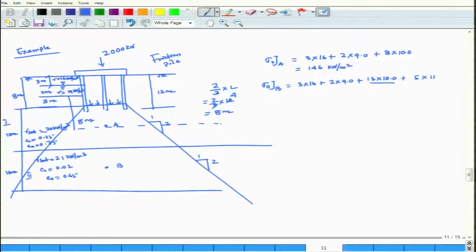It comes out to be 251 kilonewton per meter square.